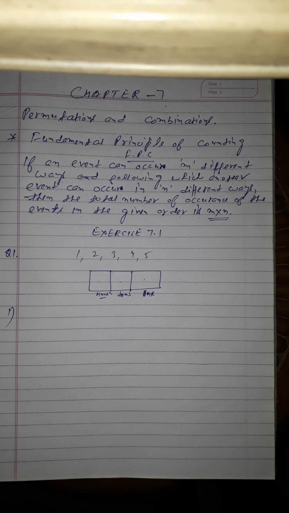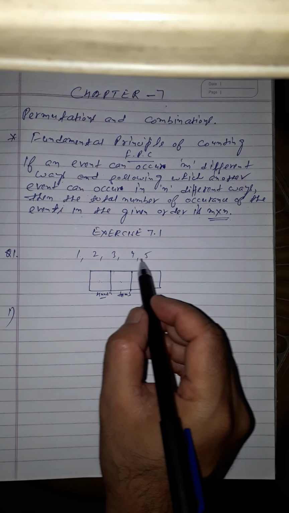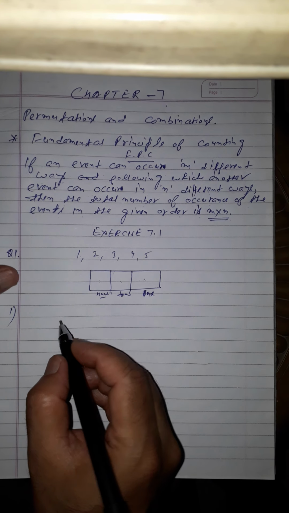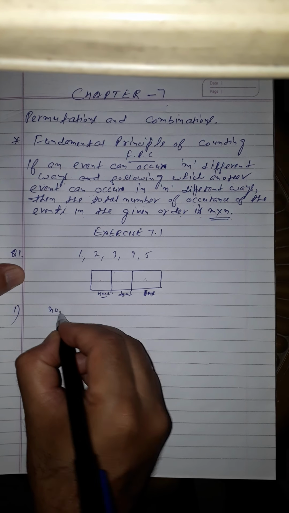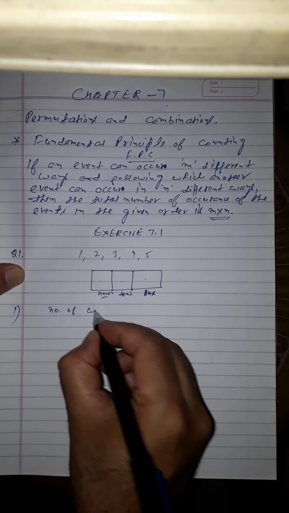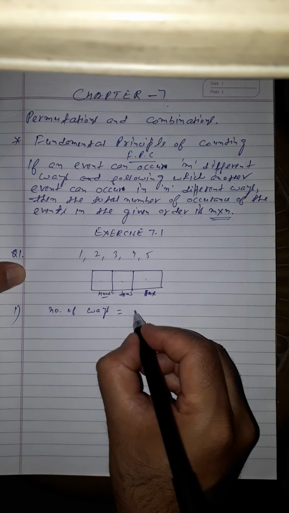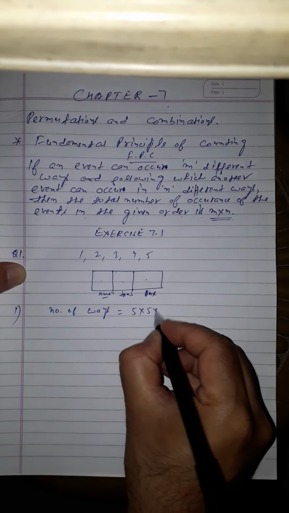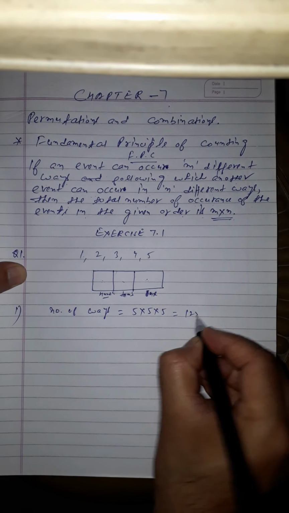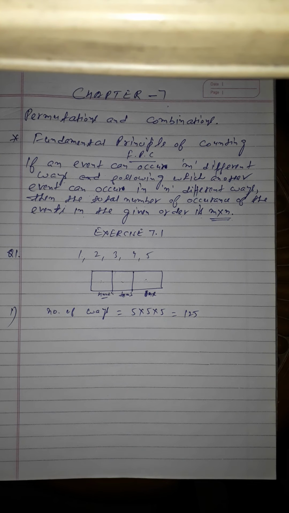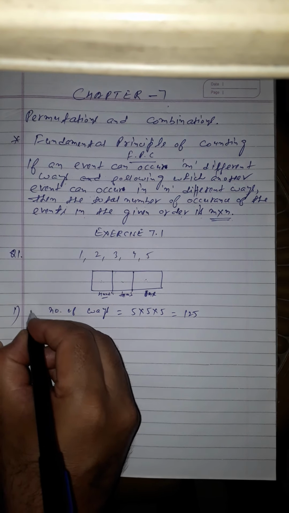Its meaning is that the unit place, tens place or hundreds place can be filled by any number from the given data, that is 1, 2, 3, 4, 5. Therefore, the number of ways will be equal to 5 into 5 into 5, that is equal to 125, students. This is the solution of the first part.